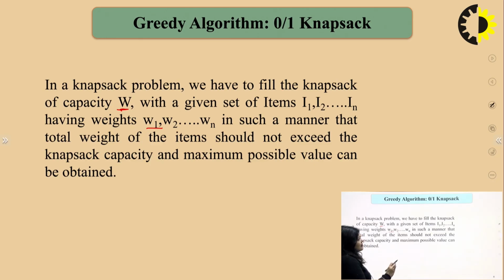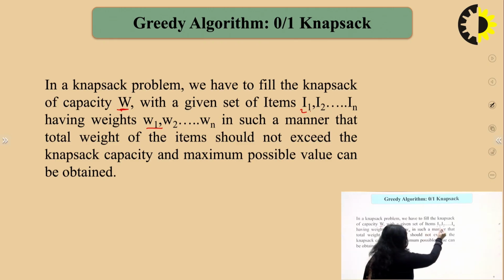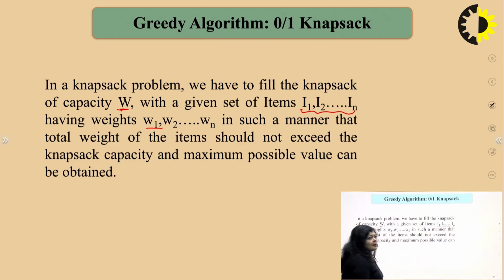Every item which I pick from this set of n items, whenever I pick that object and include it in my knapsack with capacity W, that certain weight will be included inside the knapsack. So of course, the remaining capacity of the knapsack is going to be reduced whenever you pick up items, and the profit is going to be increased.